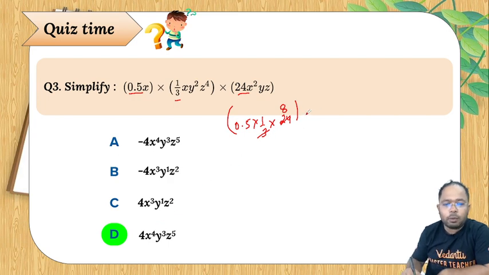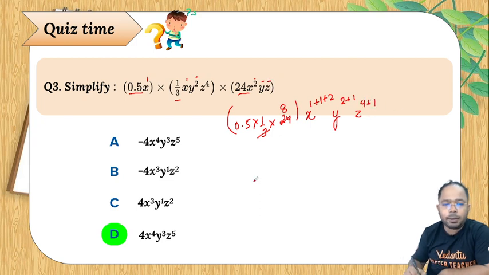What about the variables? x to the power nothing is given, that means 1, plus again 1, plus 2. Next, y to the power 2 is there, and next y to the power 1 is there. z to the power 4 is there, and here it's 1.